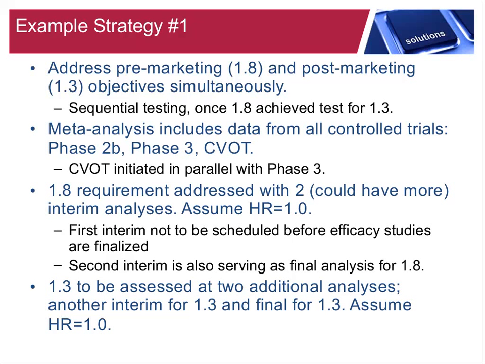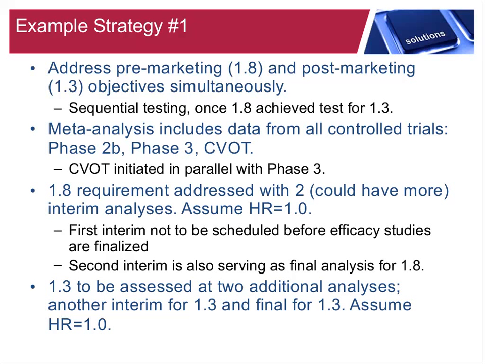Now, an important thing to consider for the first interim analysis: it cannot be scheduled before you finish your efficacy trials, because you need your efficacy trials for filing. Not only that, but there is no point in scheduling this interim analysis before you accomplish the other safety requirement that Paul illustrated in his last slide.